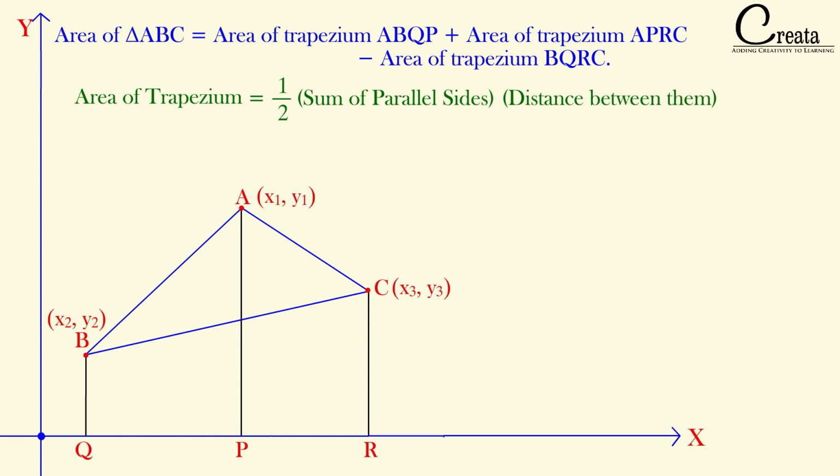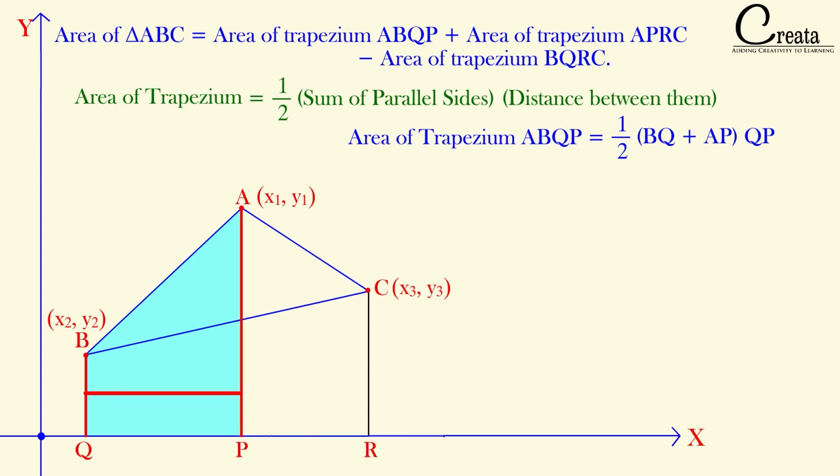So can we say the area of the trapezium ABQP, that is this trapezium, is equal to half into BQ plus AP into QP. Here BQ and AP are the two parallel sides and QP is the distance between them. So this is the formula for the area of the trapezium ABQP. Here if you observe, BQ is y2 and AP is y1, and can we write QP as x1 minus x2?